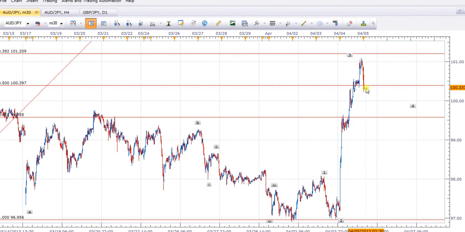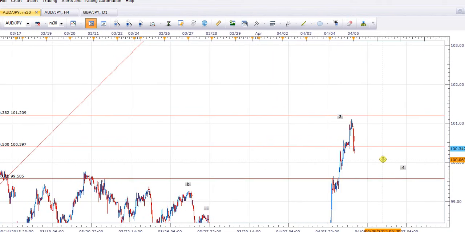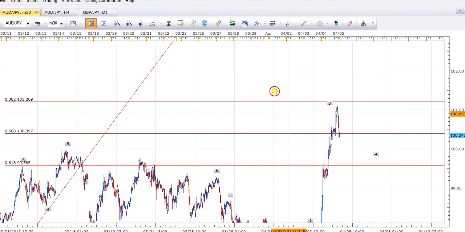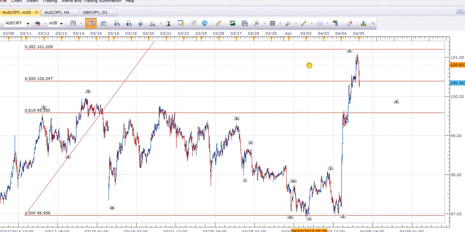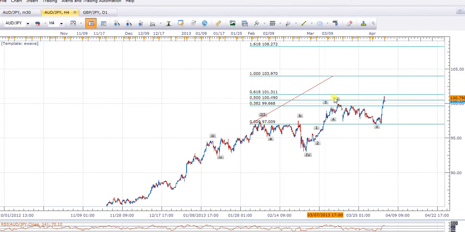Then wave 4 should end somewhere around here, and at most it should drop to about 100, and then push higher, finishing wave 5. And then when that larger wave 3 in the cycle completes, it cannot penetrate below this high right here.